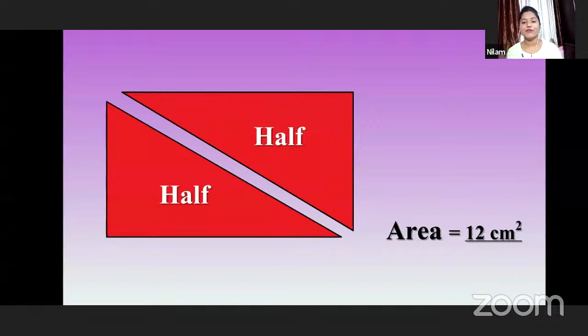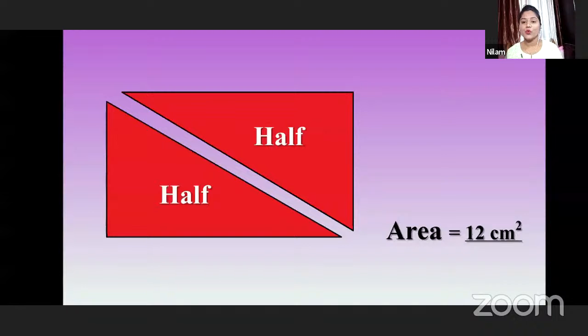So children, we have seen that the whole area of the rectangle is 12 square centimeter. So can anyone tell me what is the half of 12 square centimeter? 6. Yes, very right. 6 square centimeter.